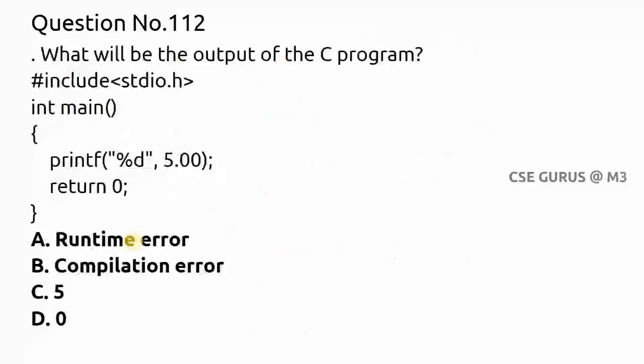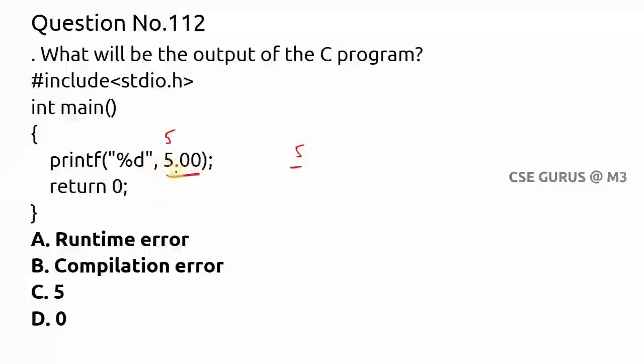Coming to question number 112. What will be the output of this C program? Of course we feel that it's very easy: printf("%d", 5.00). If I print only 5, simply printf("%d", 5), it will print 5. But what happens if I write 5.00, which is a floating value?